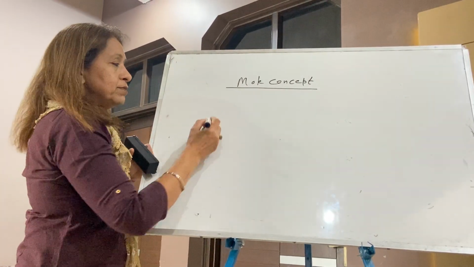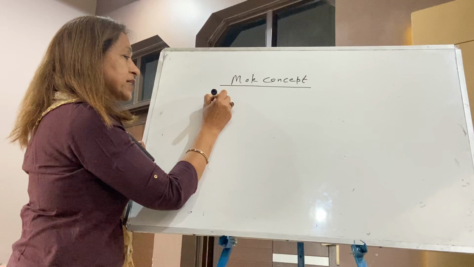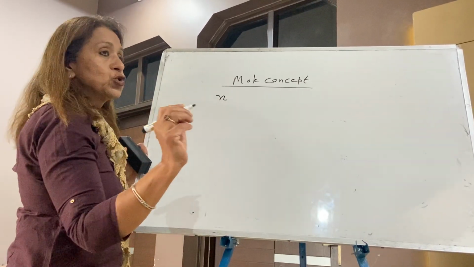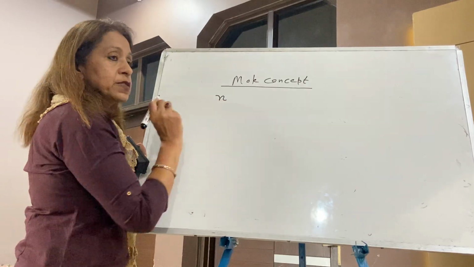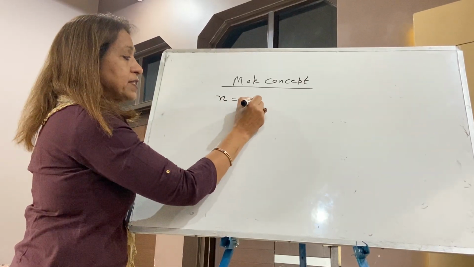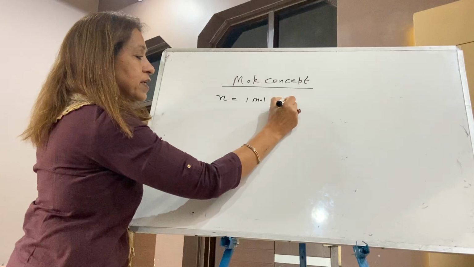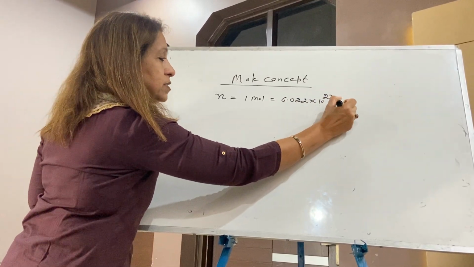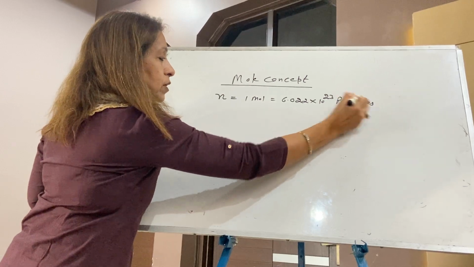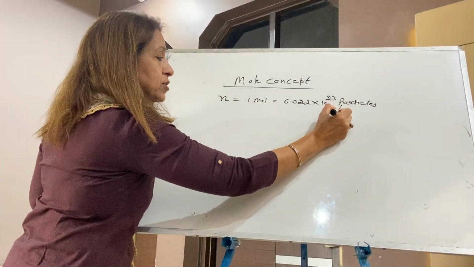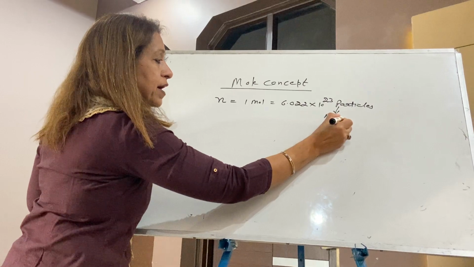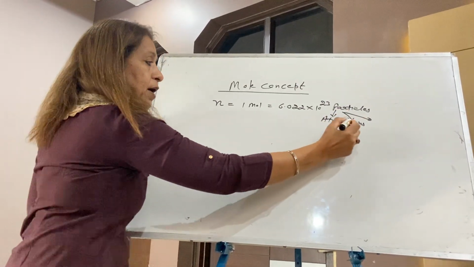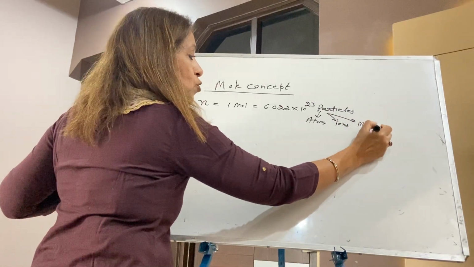Now what is a mole? Mole is represented by n. Listen to me very carefully. n is mole. If I say 1 mole, then your answer is 6.022 into 10 raised to power 23 particles. These particles may be atoms, ions, or molecules.